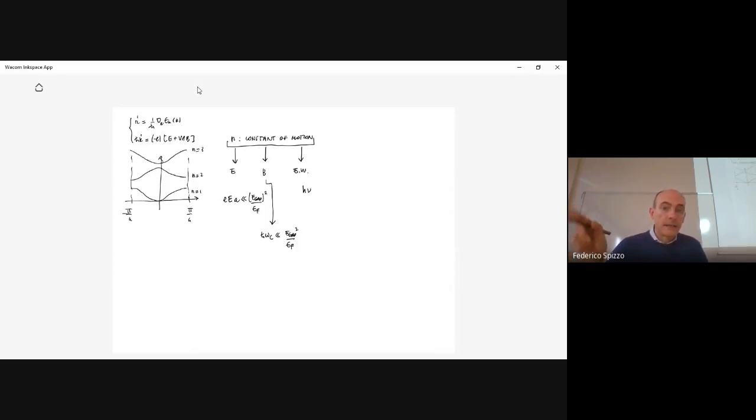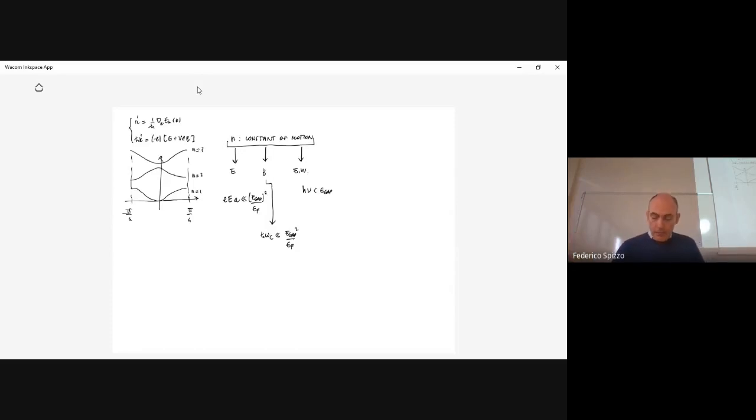If you expect that applying those waves is not going to induce a jump of the electron from one band to the next, then you should require that this is smaller than the energy gap. So irrespective of the initial level, if the energy is smaller than the gap energy, the electron will not be able to jump from one band to the next.